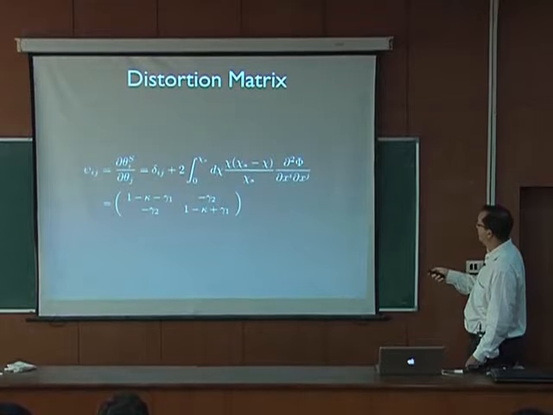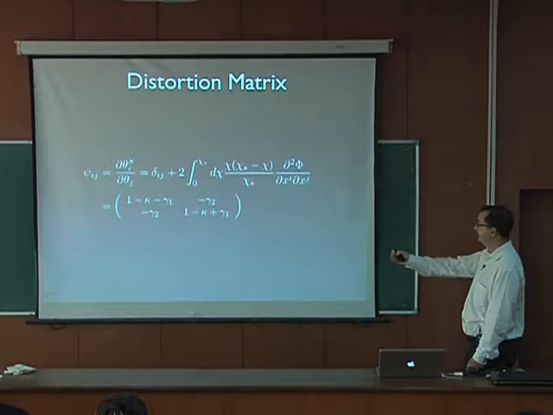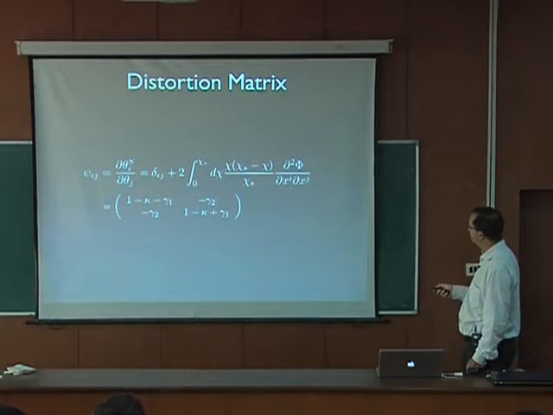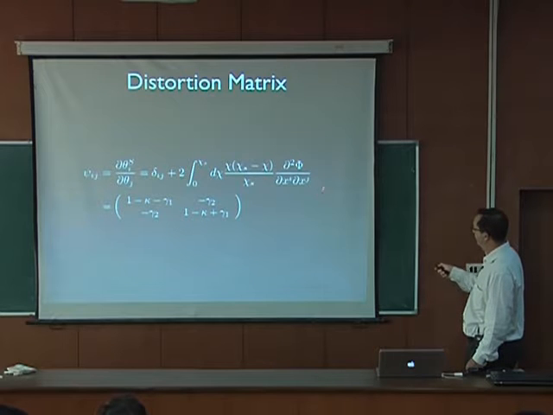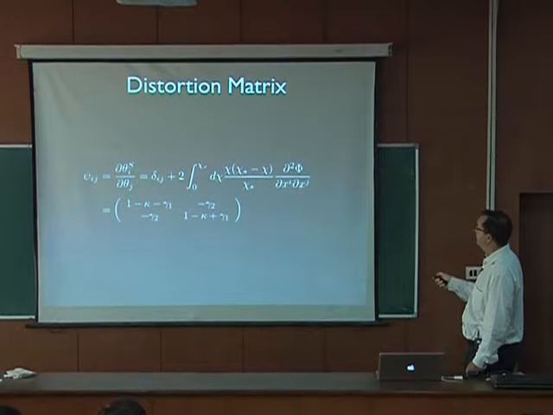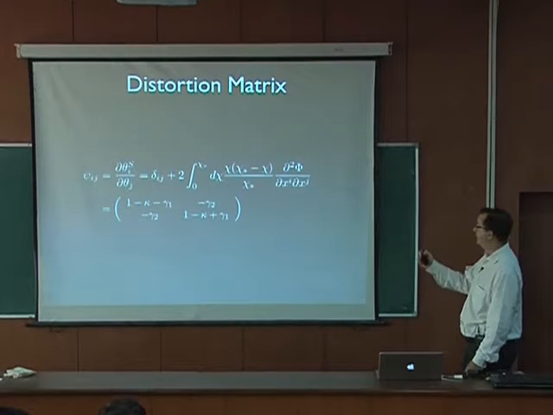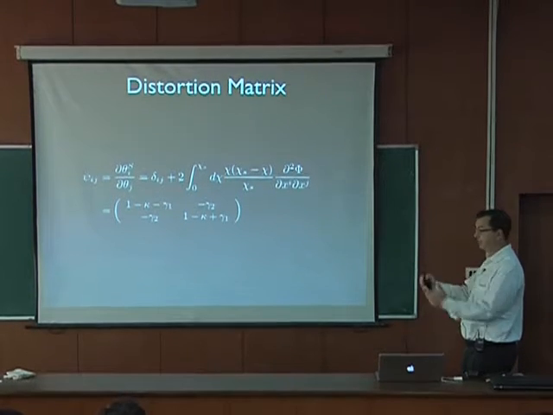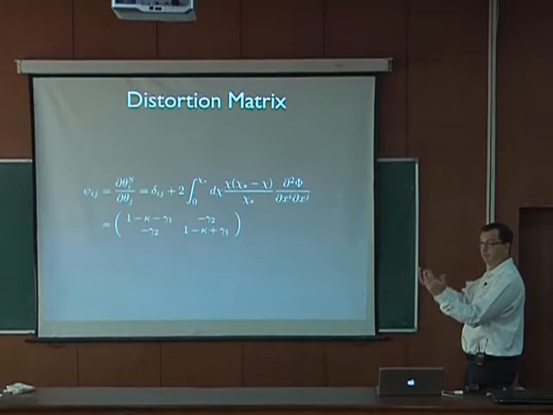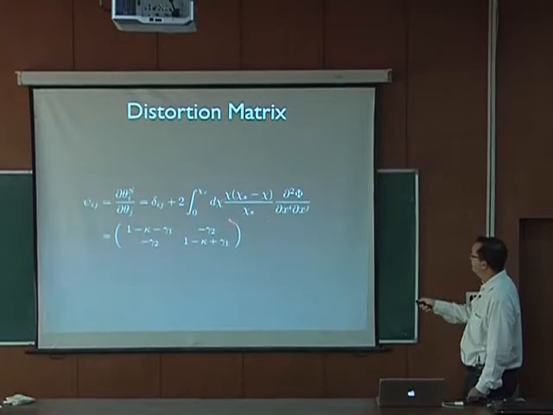And this term can be written as the integral along the line of sight variable of the second derivative of the potential. These derivatives are transverse derivatives, perpendicular to the line of sight, so along the plane of the sky, times these geometrical factors.